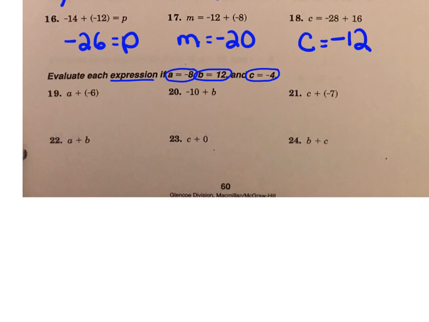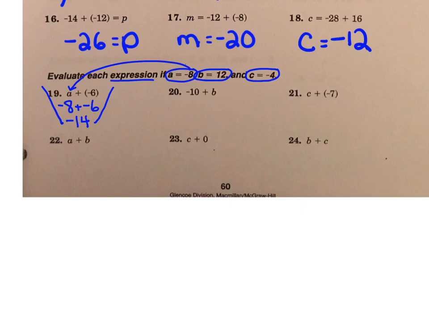For example, number 19, A is a -8. Let's substitute -8 plus -6. Since the signs are the same, we're going to add the values and funnel it down and simplify into one value. We get -14. Let's take a look at our next problem, number 20.